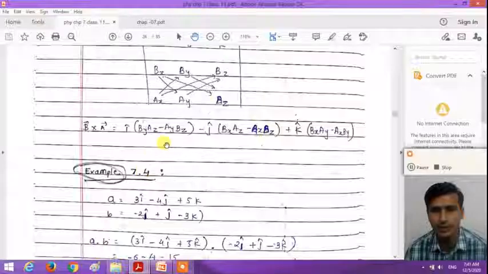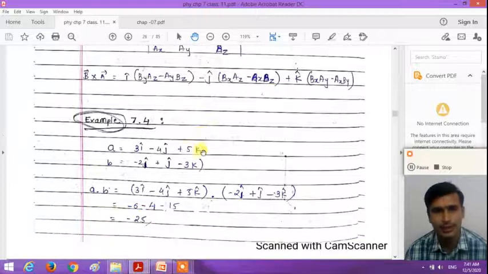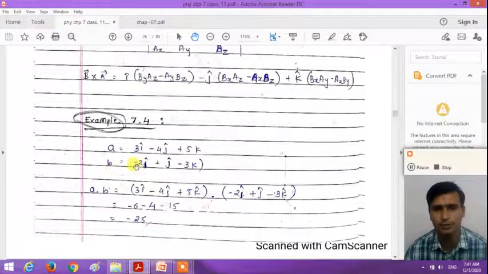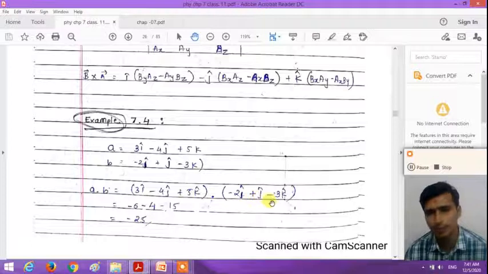How can we find the scalar product? You know that vector A and vector B are given to you. Vector A is equal to 3i minus 4j plus 5k, and vector B is minus 2i plus j minus 3k. Now the scalar product of the two vectors, that means A dot B, is equal to 3i minus 4j plus 5k dot minus 2i plus j minus 3k.